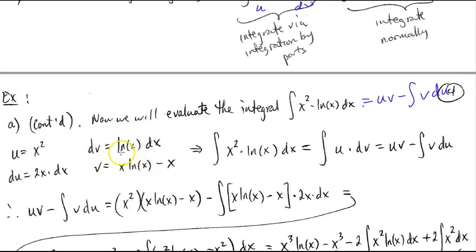Now, note that here, how we actually figure out that the antiderivative of natural log of x is just x times natural log of x minus x, you can actually do integration by parts to do that as well. But this is one of those well-known things, so I just wrote it down and we're going to roll with it.